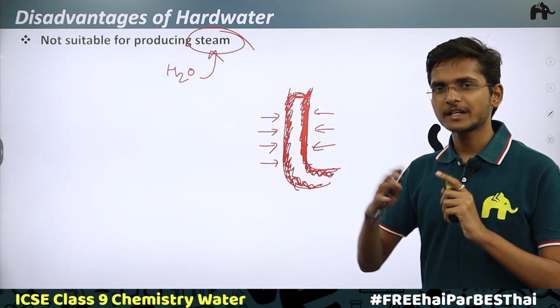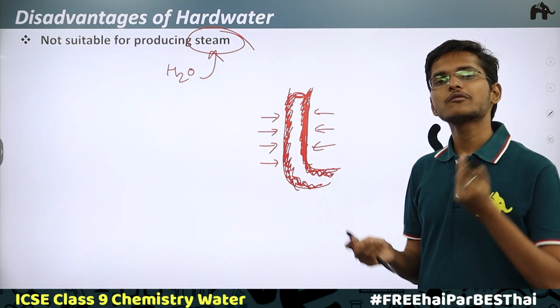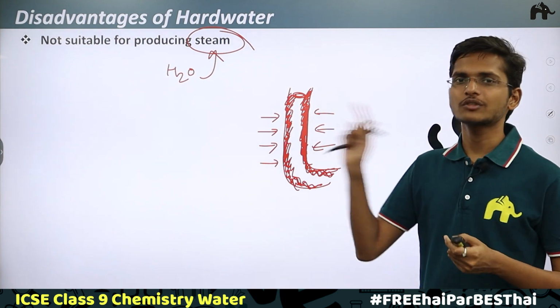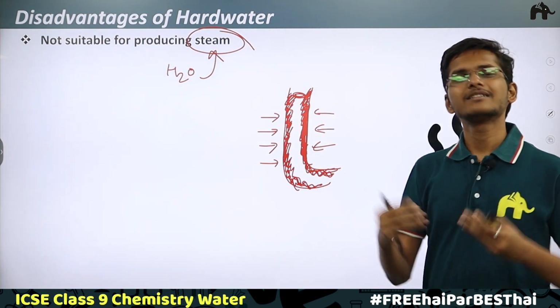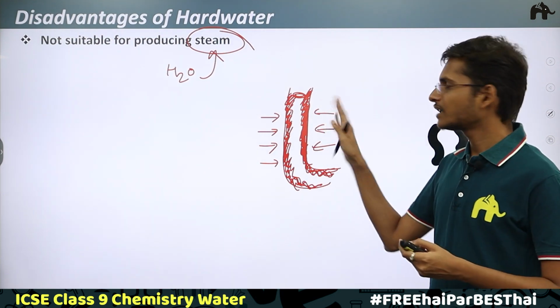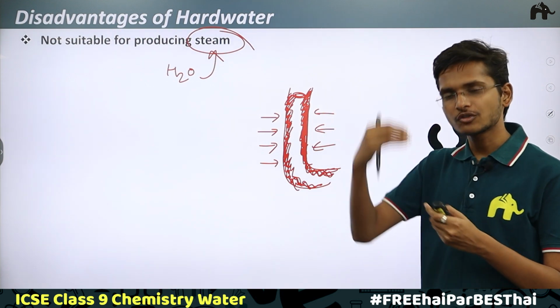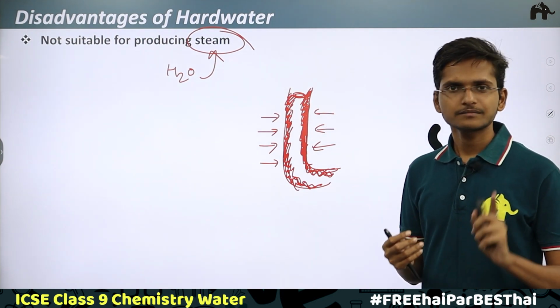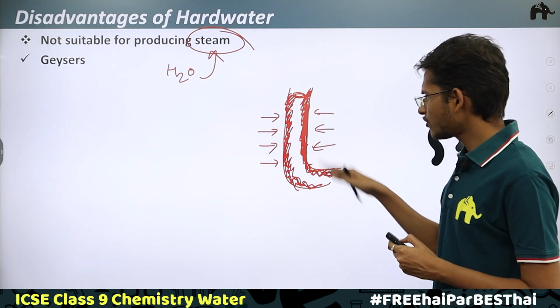This is my individual view, because it's obvious, it's very logical, because soft water would have less salts as compared to hard water. So less would be the deposition on the inner lining, and less effort we have to take again and again to remove the instrument and to clean. Clear?